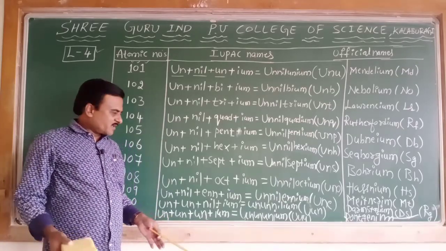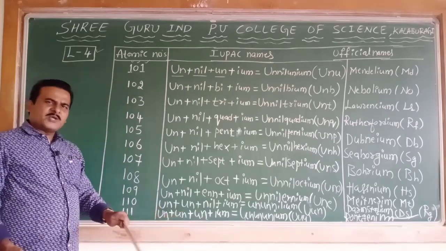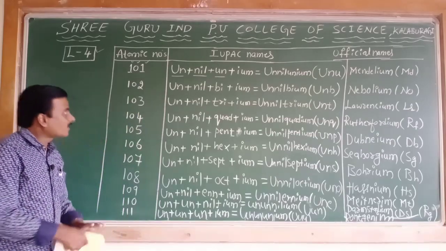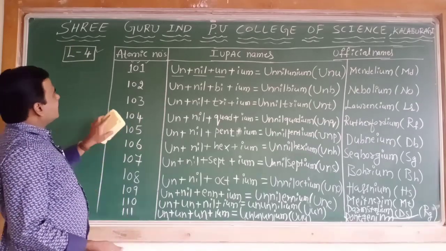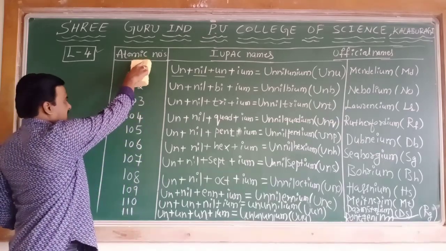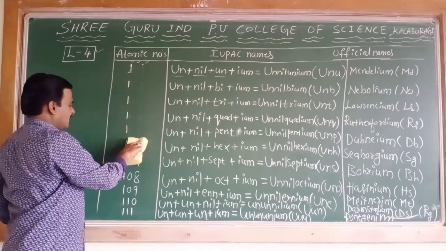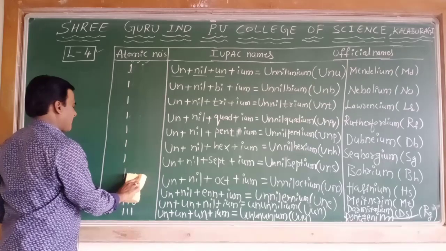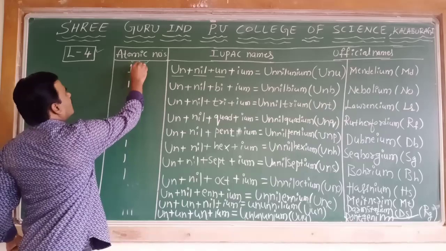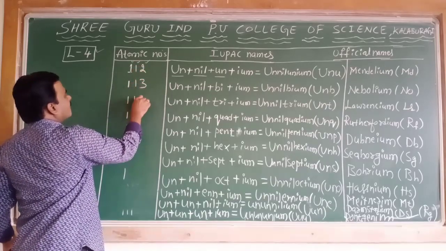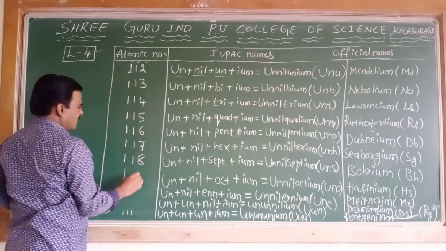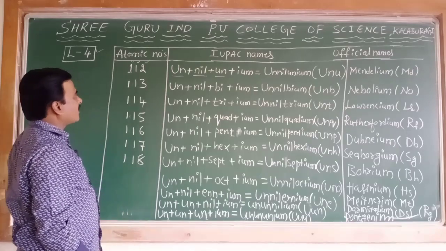Let's practice writing a few more IUPAC names for atomic numbers above 111. Let's write atomic numbers 112, 113, 114, 115, 116, 117, 118. Here itself we will modify.